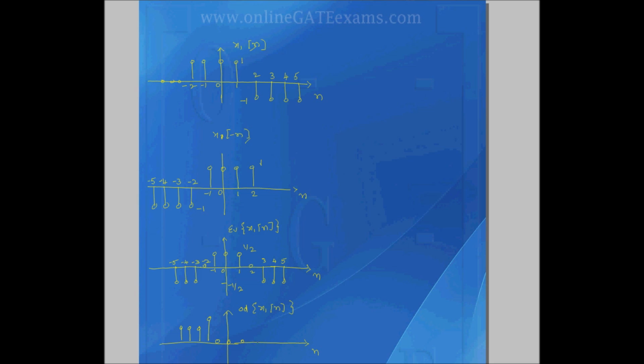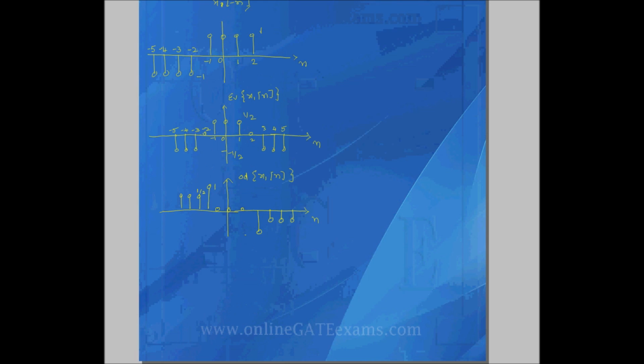It is 1 minus of minus 1, that will be minus 1. Then at 3 it is minus half, 4 minus half, 5 minus half. So this is 1 and this is half, this is minus 1 and this is minus half, so this is 0, 1, 2, 3, 4, 5. Similarly this will be minus 1, minus 2, minus 3, minus 4 and minus 5. Okay, so those are the even and odd parts of the corresponding signal x1 of n.